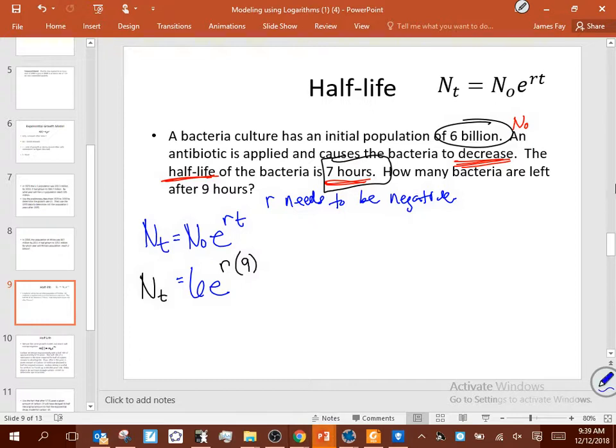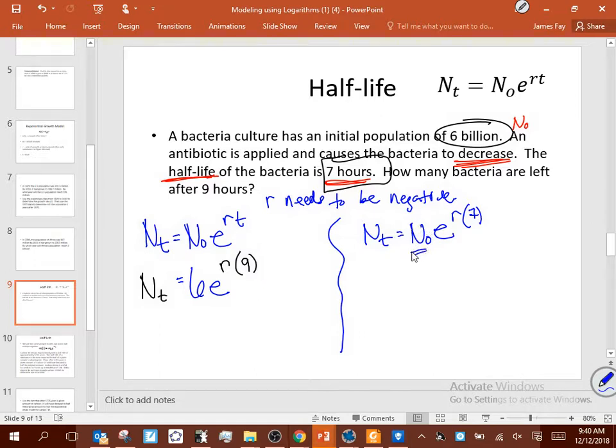Okay? But we're going to use the exact same principle, the exact same formula. N of t is equal to N sub 0 e to the rt, but with half-life, my t is going to be the number of hours it takes to get half-life, right? Does that make sense? Now, this is the reason I introduced that compound continuously question beginning with the 5,000 and the 10,000 question.